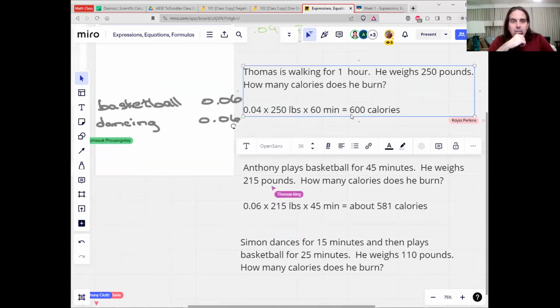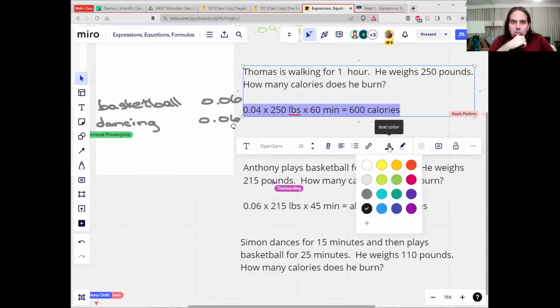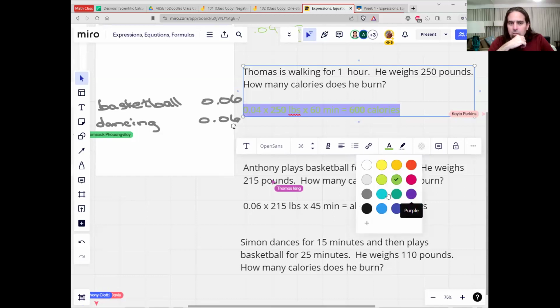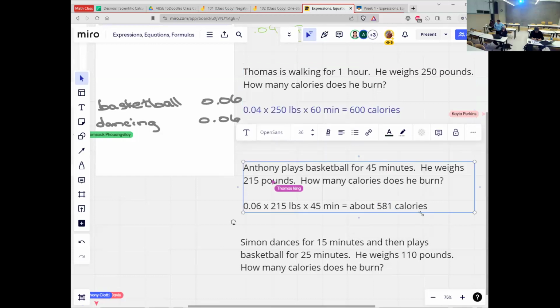If it helps you, I think I'm allowed to take these parts and change their color. That's kind of hard to see. Let's put the answers in blue.